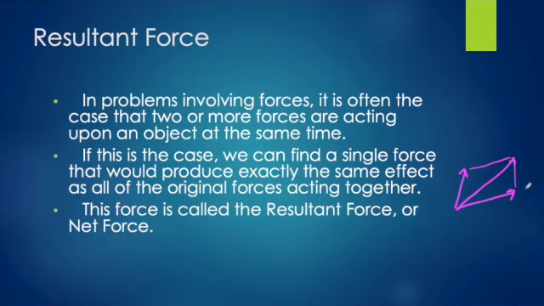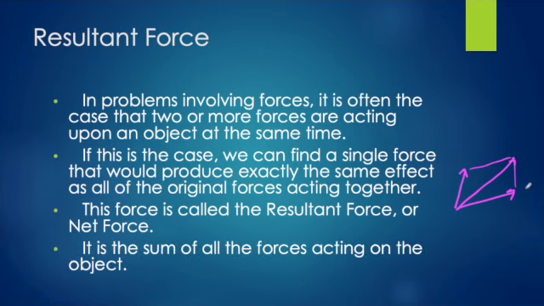Okay, the force is called the resultant force or the net force. Okay, it is the sum of the forces acting on the object. So again, remember this was V, this was W, well this is V plus W. So then we could find that resultant or net force, okay, by adding them together and finding the sum.